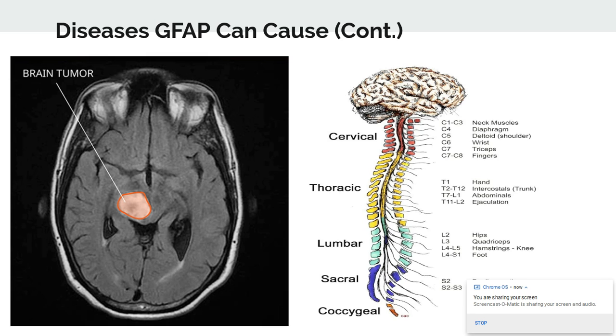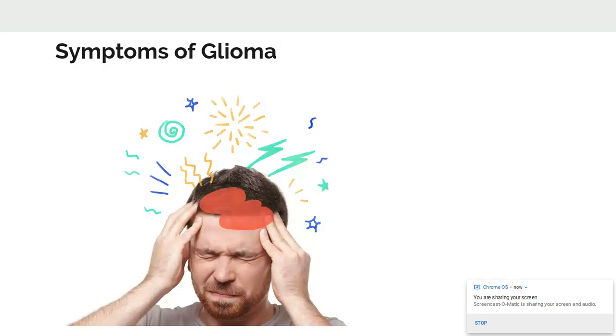They are pretty much the most common form of any sort of brain tumor that ends up developing. Some symptoms of glioma include headache, nausea or vomiting, confusion or decline in brain function, memory loss, personality changes or irritability, or difficulty with balance.